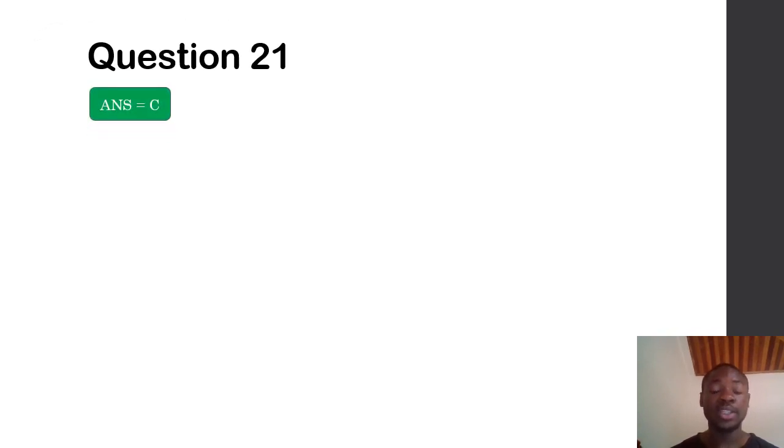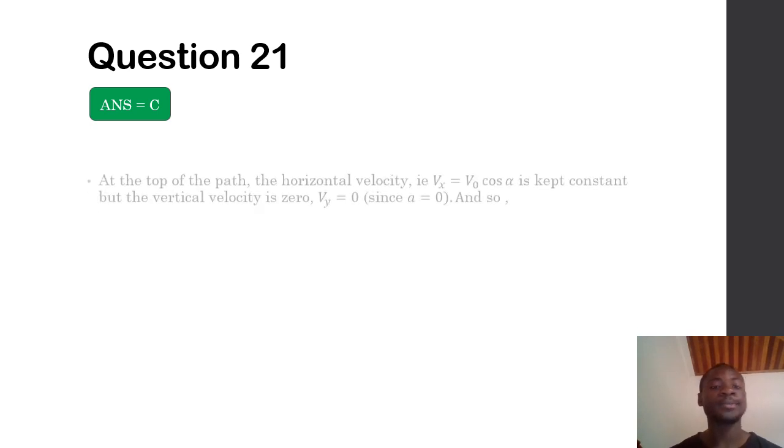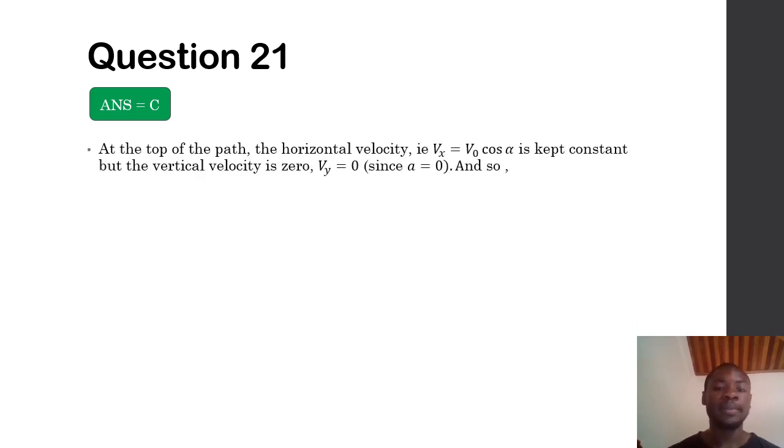Question 21, the answer is C. At the top of the path, the horizontal velocity Vx equal to V0 cos alpha is kept constant, because the horizontal velocity is not affected by gravity, but the vertical velocity Vy is equal to 0.